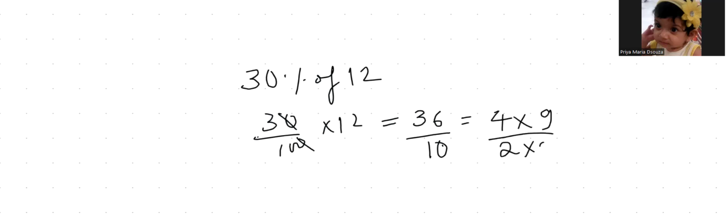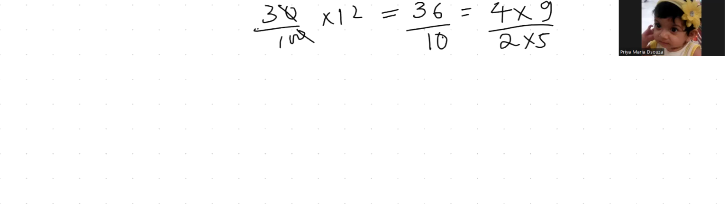The 12 threes are 36 upon 10. That is 4 into 9 by 2 into 5. That will be 18 by 5, or 3.6.